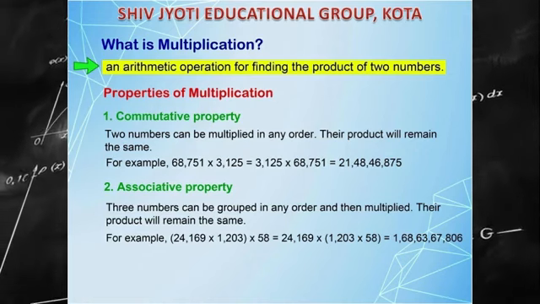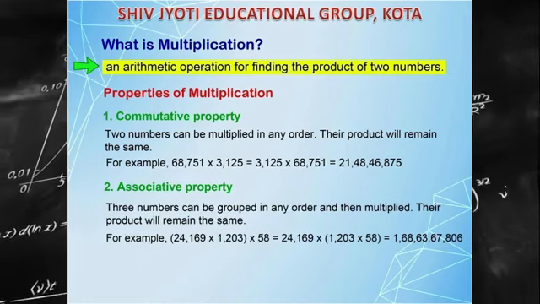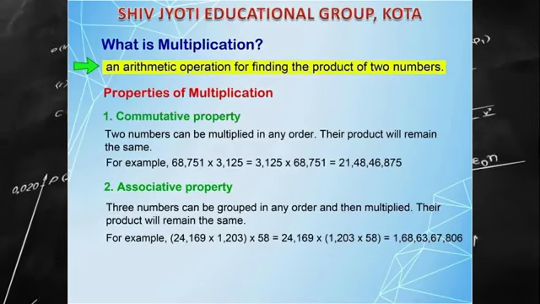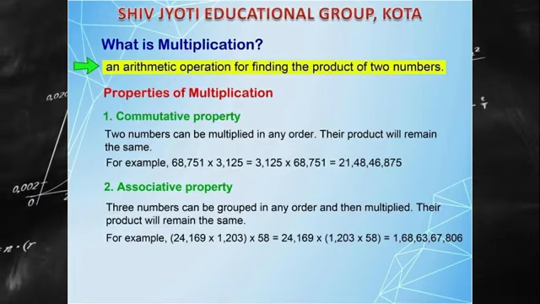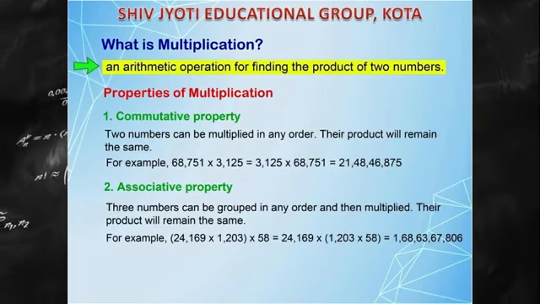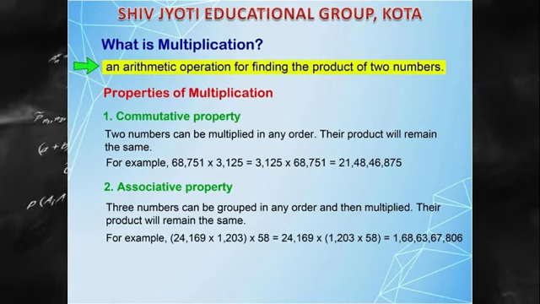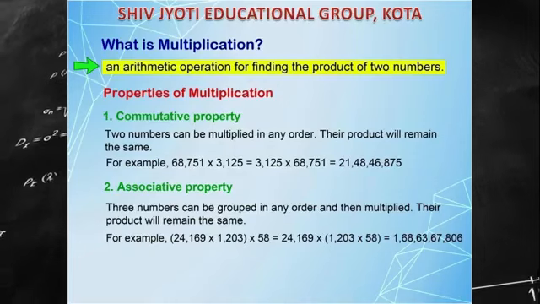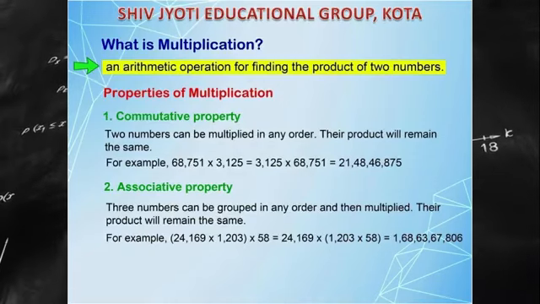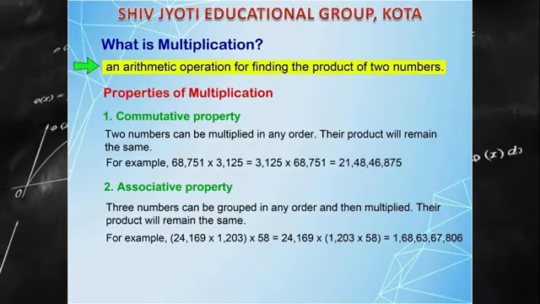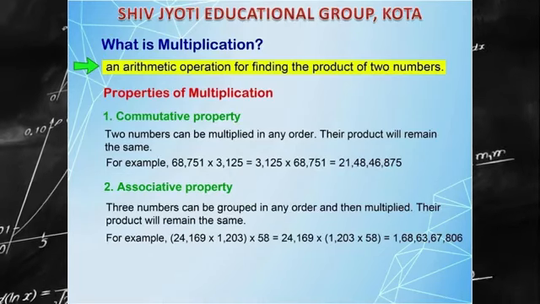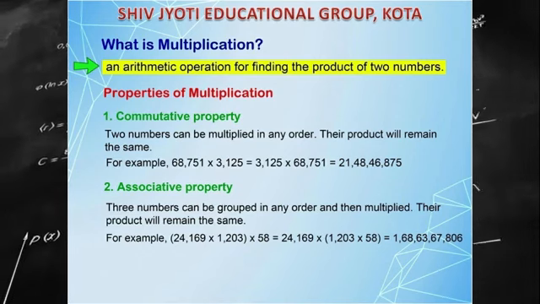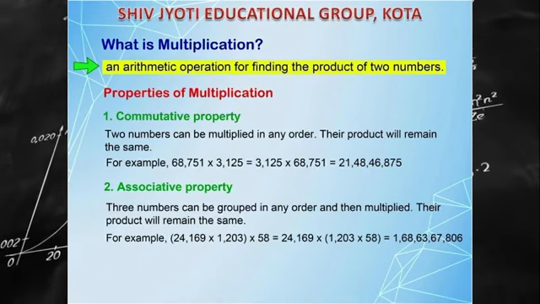For example, 68,751 multiplied by 3,125 is 21 crore 48 lakh 46,875, and 3,125 multiplied by 68,751 is also 21 crore 48 lakh 46,875.